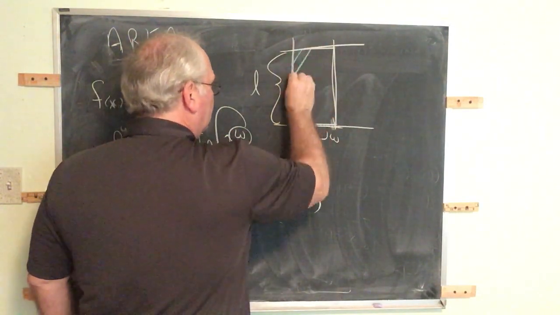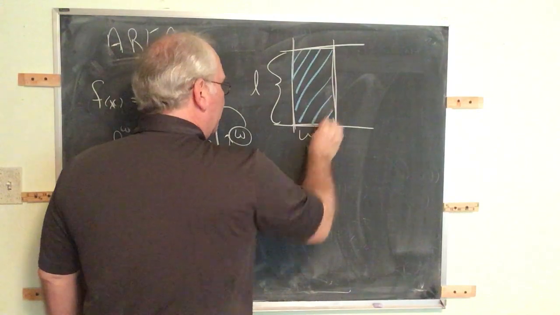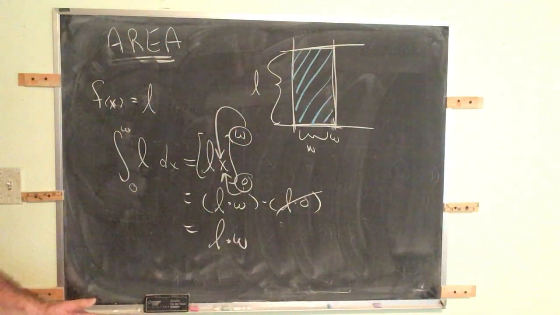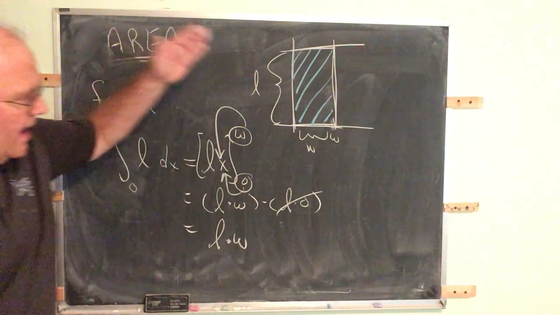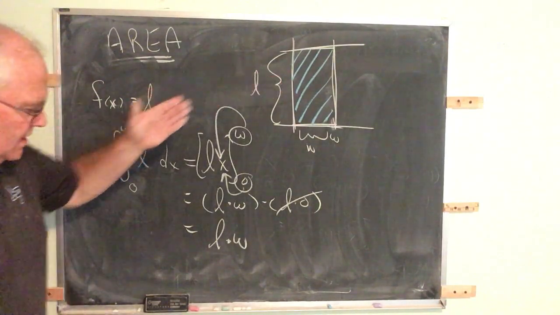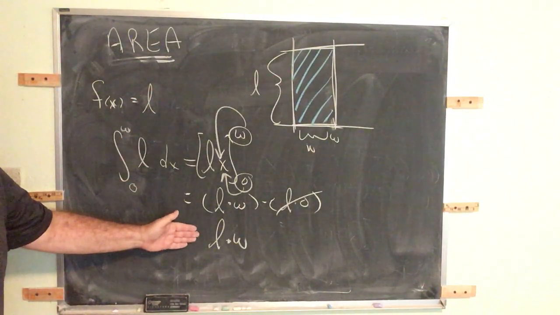We just found the area of a generic rectangle. The area of a rectangle is given by length times width.